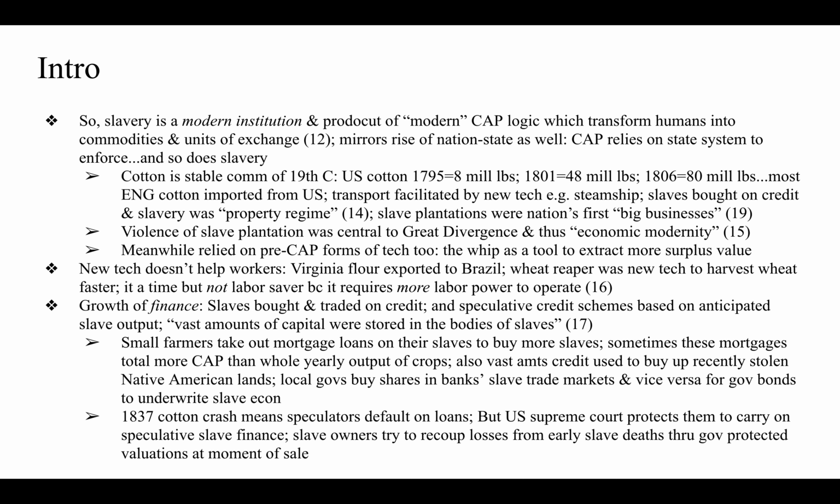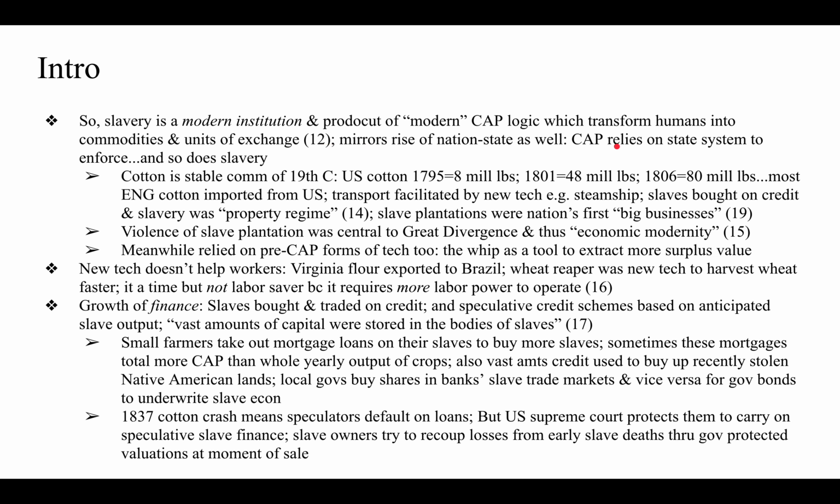Okay, so the authors say that, because of these things and other things as well, slavery is really a modern institution, and it's a product of modern capitalism. It's not pre-modern. There are pre-modern forms of slavery. They don't really get into this, of course, but as Marx would say as well, the most brutal and inhumane types of slavery were developed under capitalism. And that is, I would add, the most modern aspect of the slavery that the authors are looking at here.